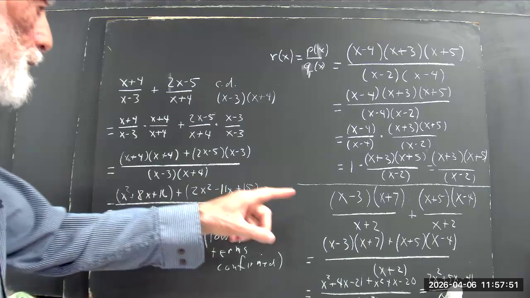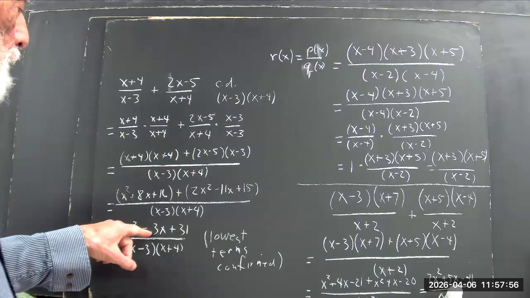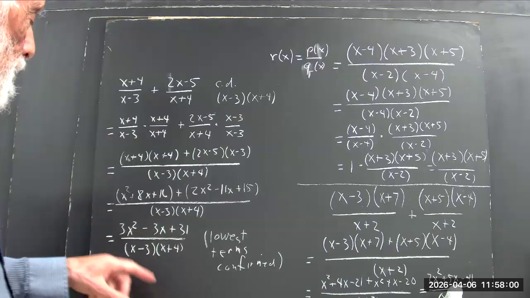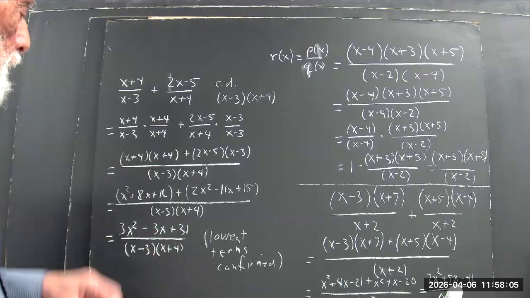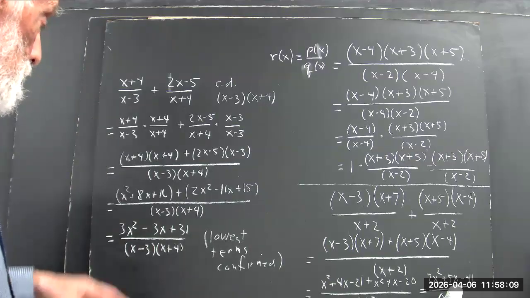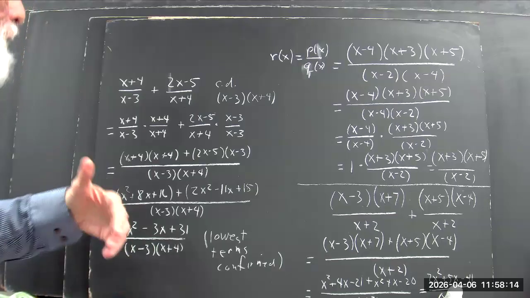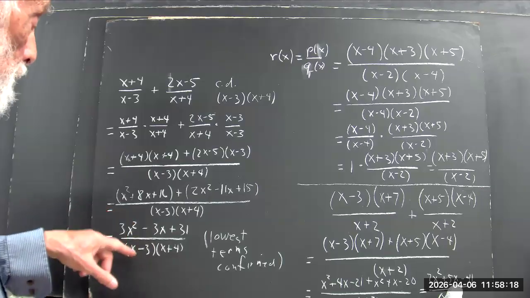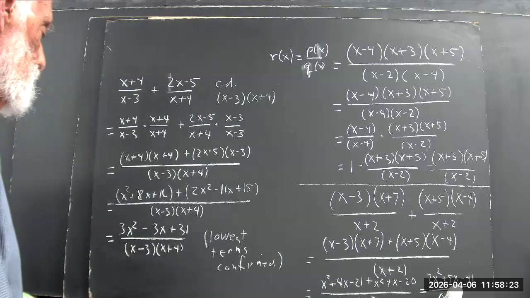If we set this equal to 0, the discriminant is going to be b squared, well, b is negative 3, so that's 9, minus 4 times a times c. a is 3, c is 31, a times c is 93, and 4 times that is 372, I think. So we're subtracting that from the 9 that we get when we square the negative 3.